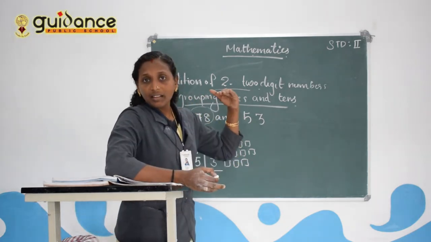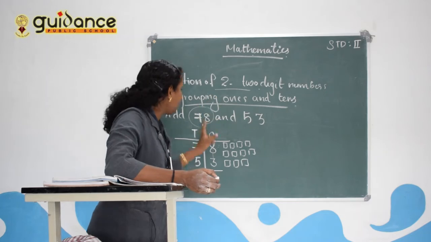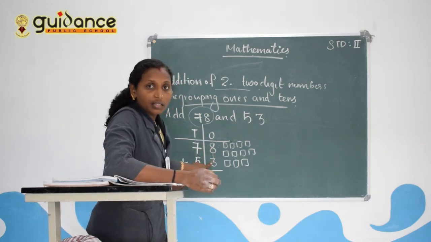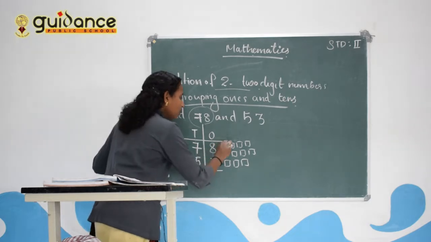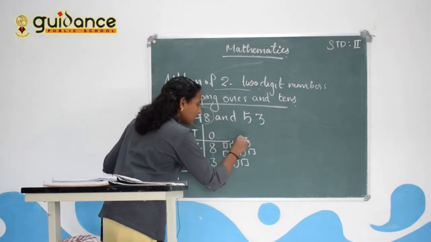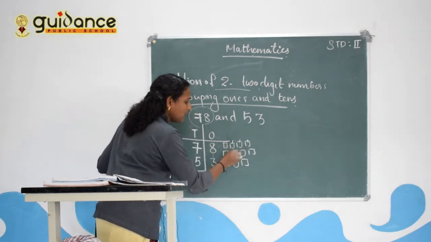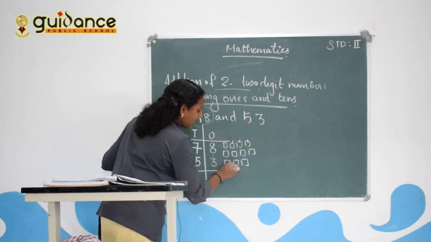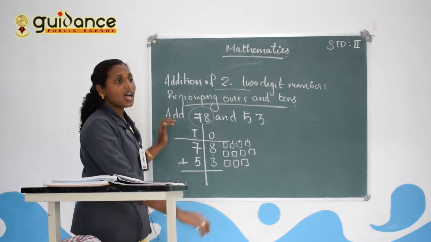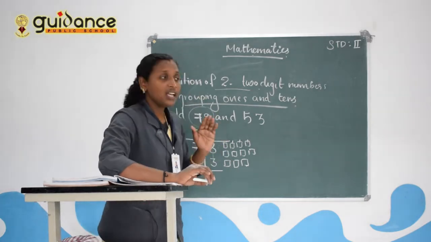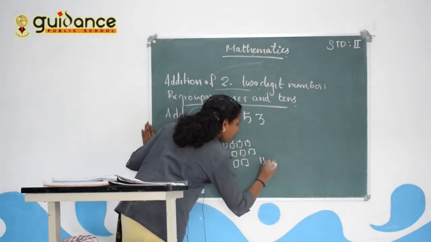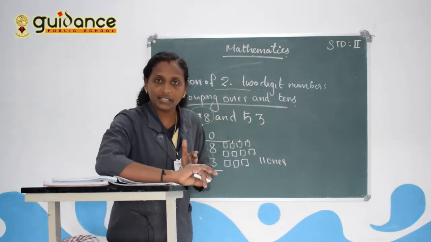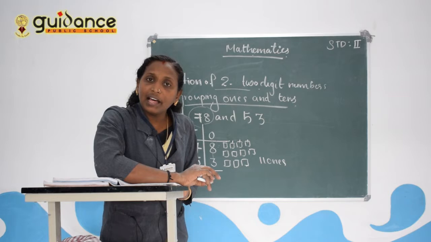Then add the ones. That means add 8 plus 3. Count 1, 2, 3, 4, 5, 6, 7, 8, 9, 10, 11. So it has 11 ones.